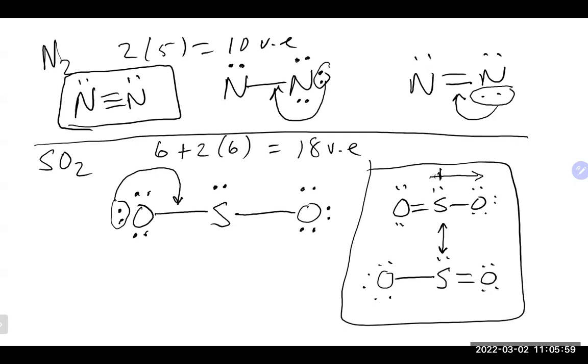If we draw those bond dipole arrows we talked about, you can have them go that way, right? We have those 2 polar bonds heading towards the oxygen, which is more electronegative, which means the oxygen in this case would be more partially negative. The sulfur would be more partially positive because the electrons are being shared unequally towards the oxygen side.